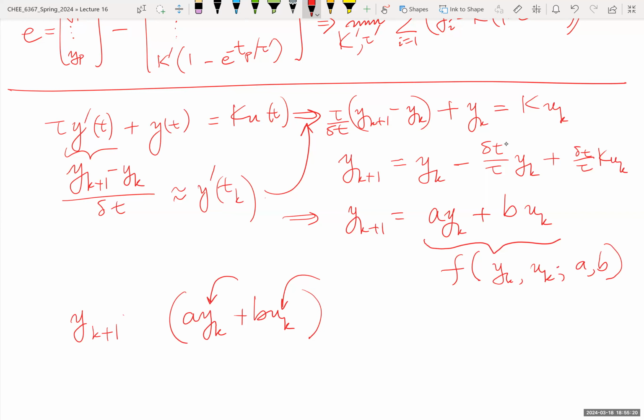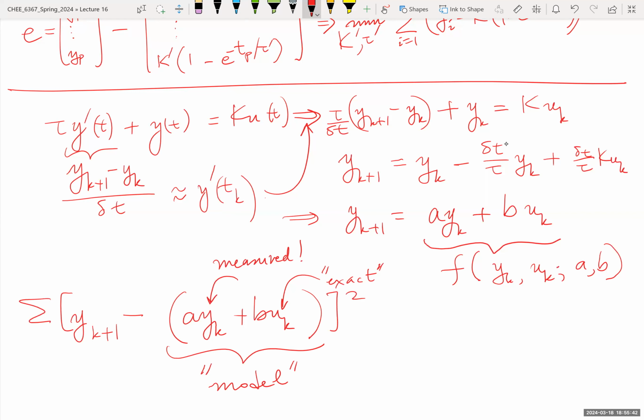And now this is what the model predicts. But this is not exact, it's measured, right? Very, very careful. This is exact. Well, again, to the extent I know my input exactly. And then I do minimization of the sum of the squared errors for all k going from 1 to p, the number of points or n. I try to minimize this with respect to a and b. I'll use primes because I don't know this. This is called the prediction error method.